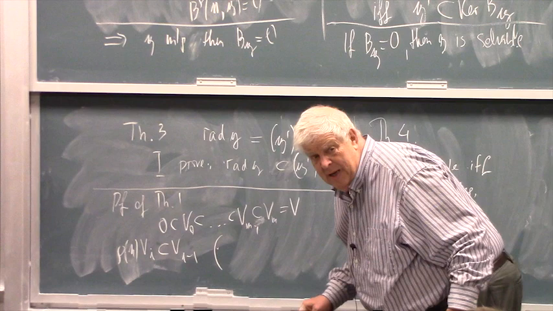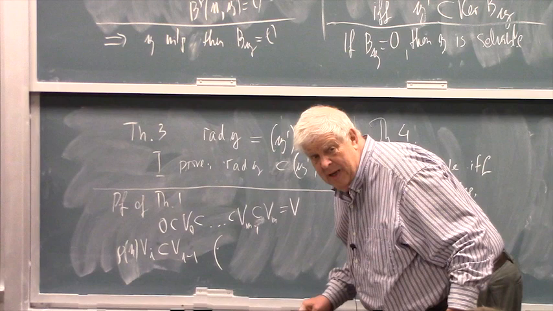Kernel BG is 0. Because the orthogonal complement to this contains the orthogonal complement to 0. The orthogonal complement to 0 is kernel BG. So this implies this contains the orthogonal complement to the radical, which is 0. So we get this.